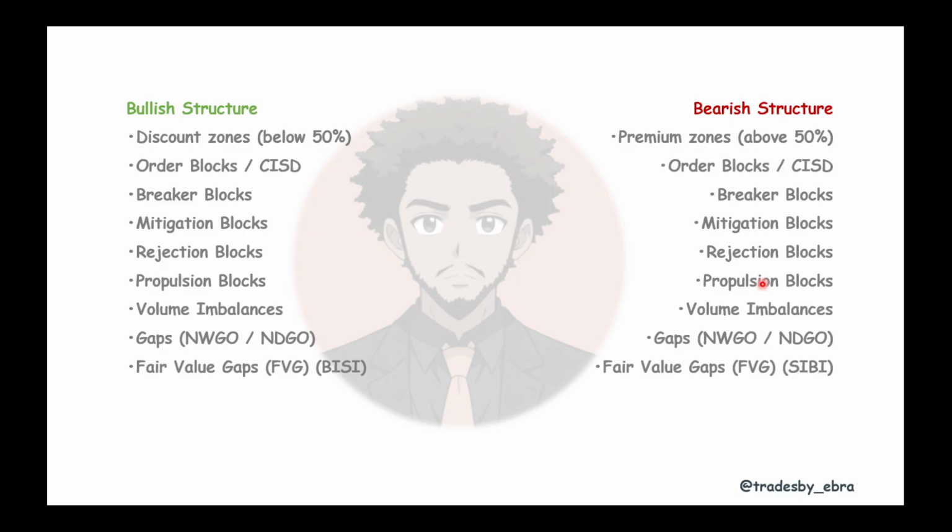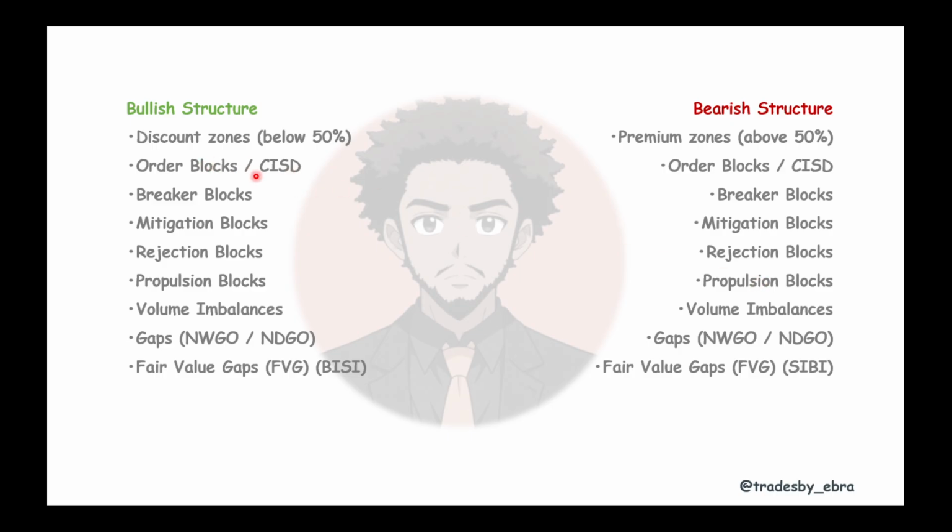Later, we learn how to use other templates. But as a framework, a bearish market should give you an entry above the 50% level. That's premium. That's where we want to sell. Below, discount, that's where we want to buy.